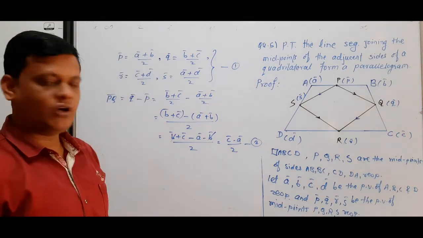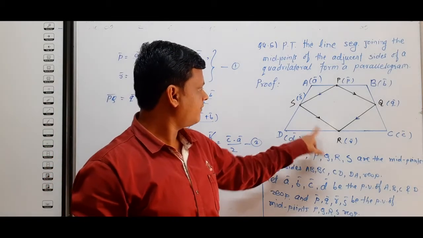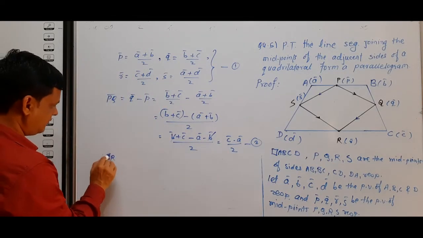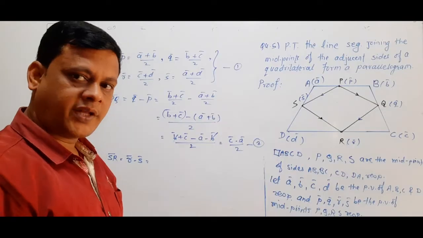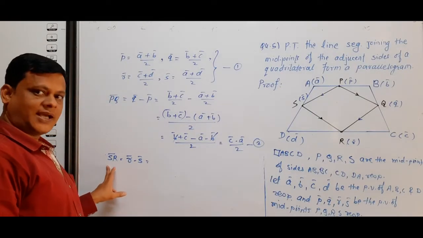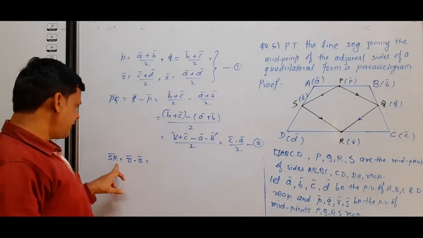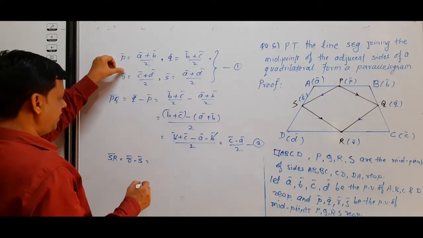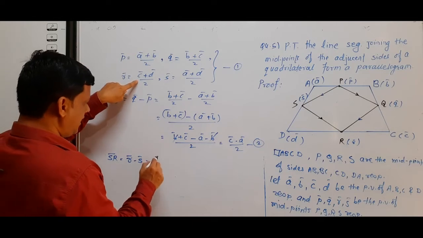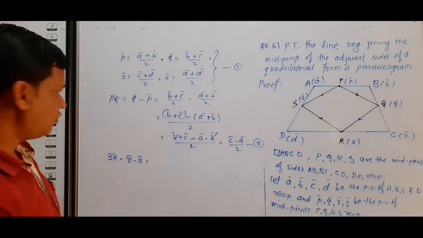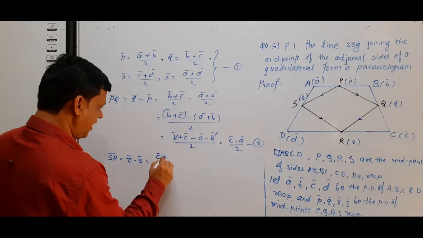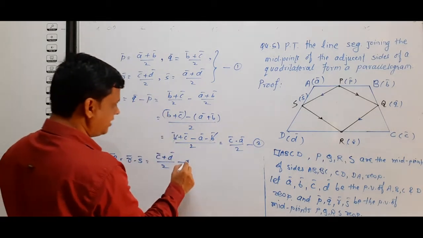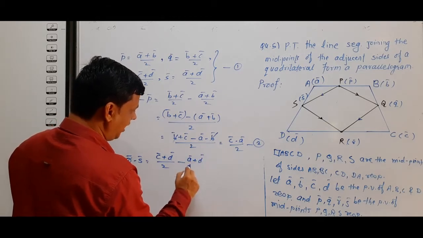Similarly, we calculate the value of vector SR. We write the position vector of R minus the position vector of S. From equation 1, the position vector of R is C bar plus D bar upon 2, minus the position vector of S, which is A bar plus D bar upon 2.